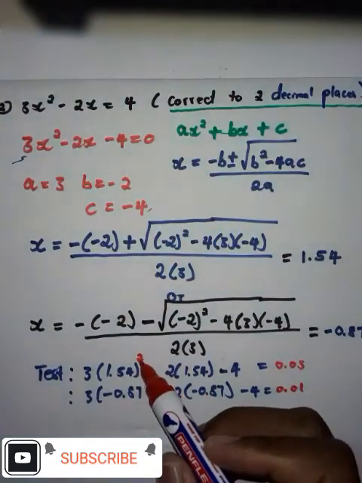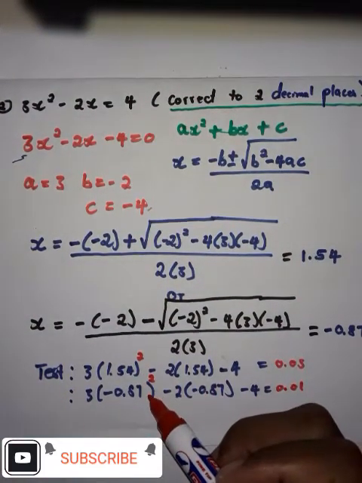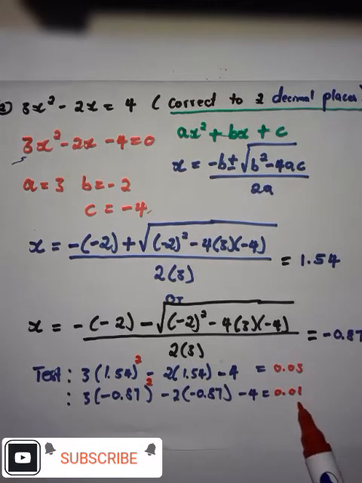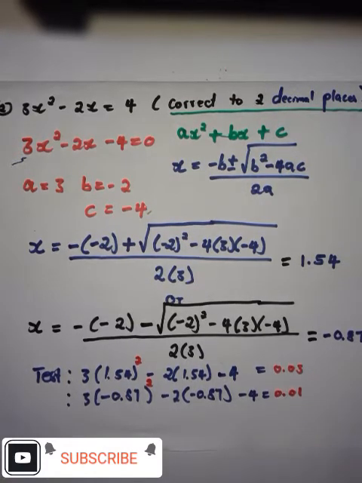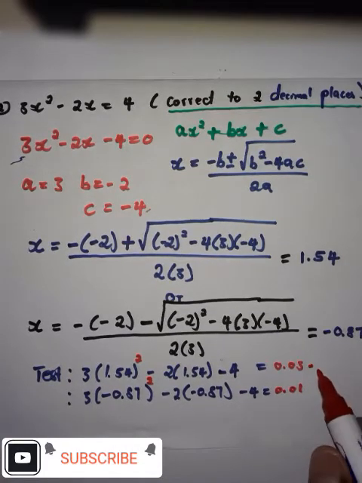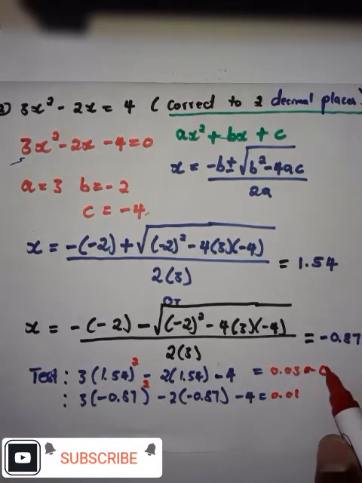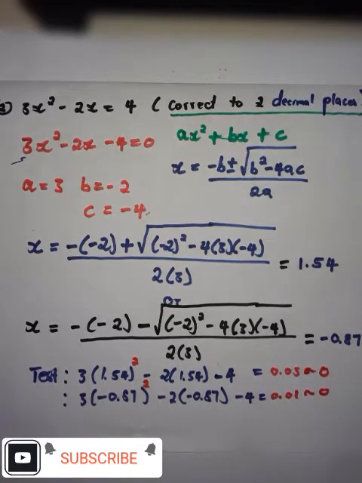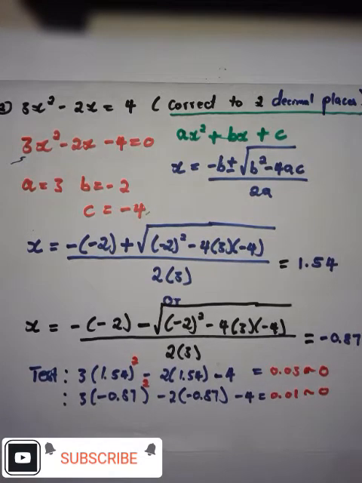Okay, so I forgot to put a squared here, and also you put a squared here. So this is going to give you 0.05 and 0.01. So therefore they are correct because these values are approximately 0. They are zeros. So therefore your answer is correct. Let's move to the next one.